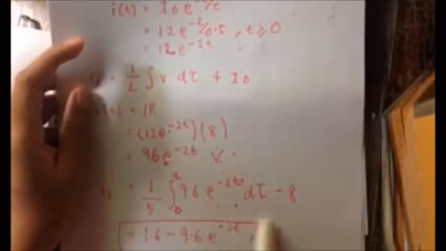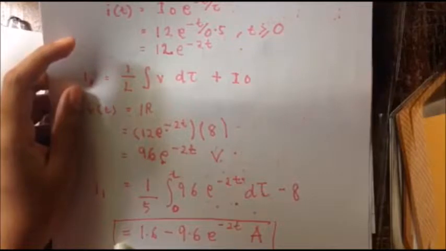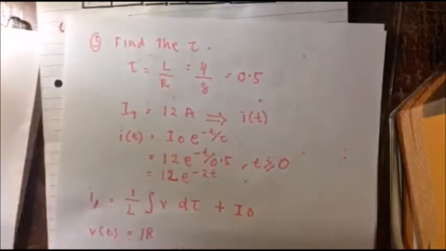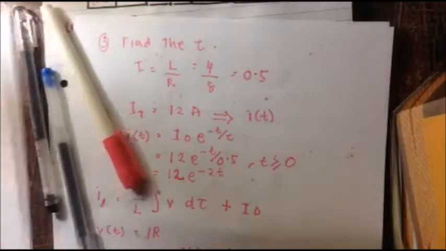After the integration and calculation, we get I1 is equal to 1.6 minus 9.6 e^(-2t) ampere.